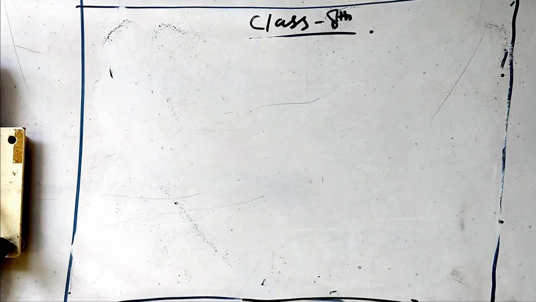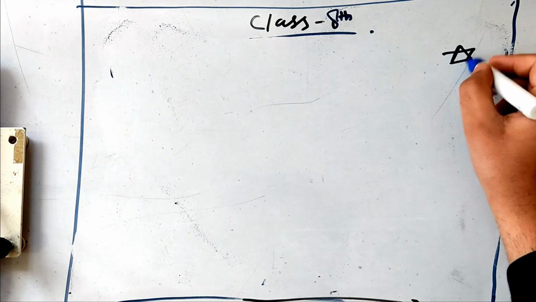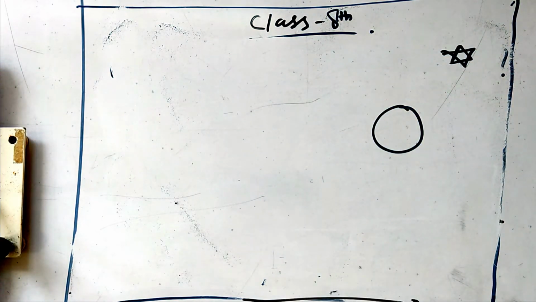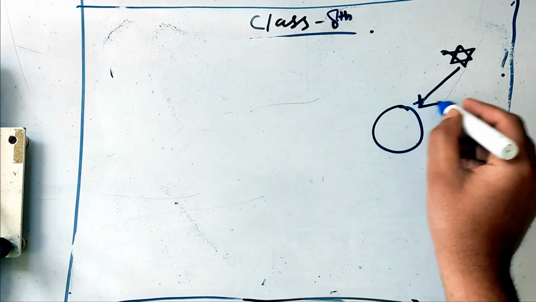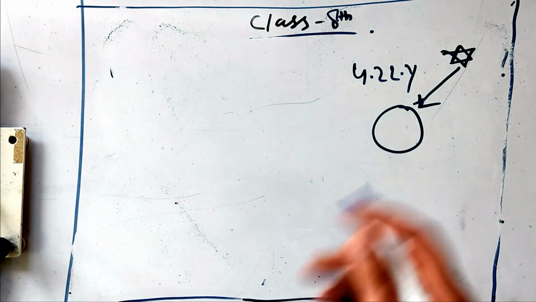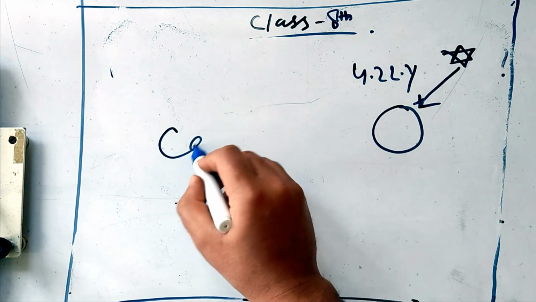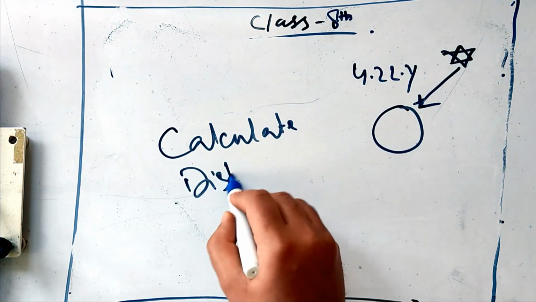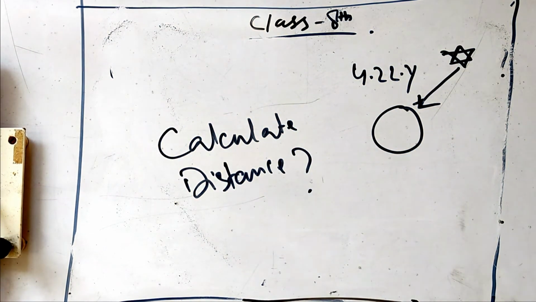Now the next numerical states that we have a star, and for example this is Earth, and the light coming from this star takes 4.2 light years to reach the Earth. We have to calculate the distance.